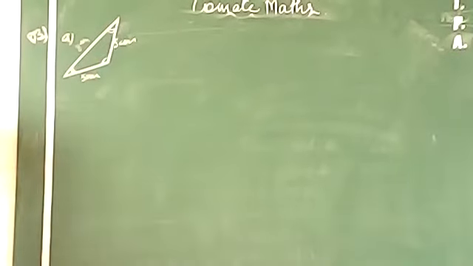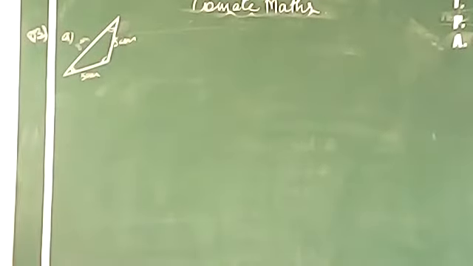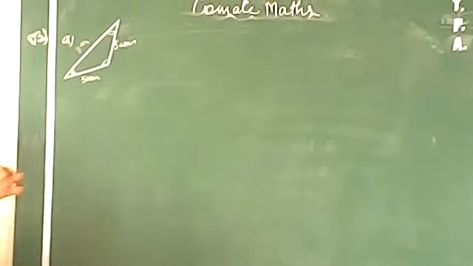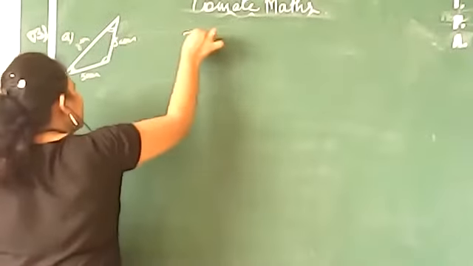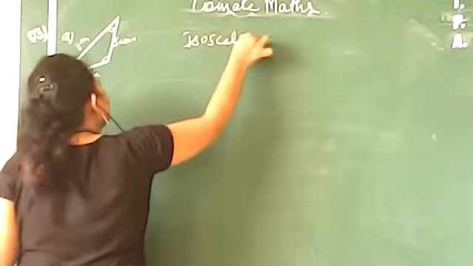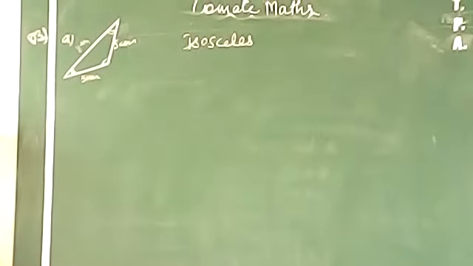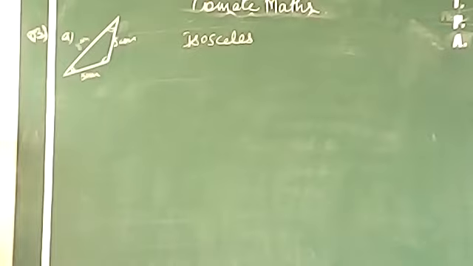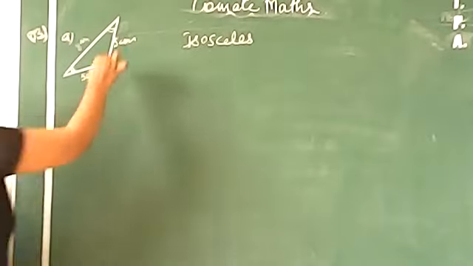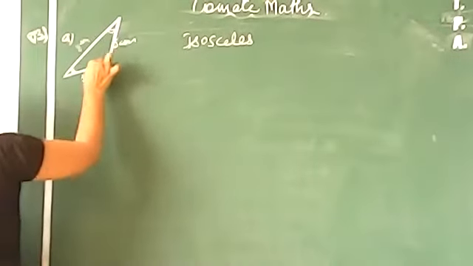Now understand this figure. 5 centimeter, 5 centimeter. Two sides are equal. One angle is different. First name is isosceles. And second name, if you observe, angle. Two angles are acute, but one of the angles is obtuse. Look at here. This is open one. It's not closed one.